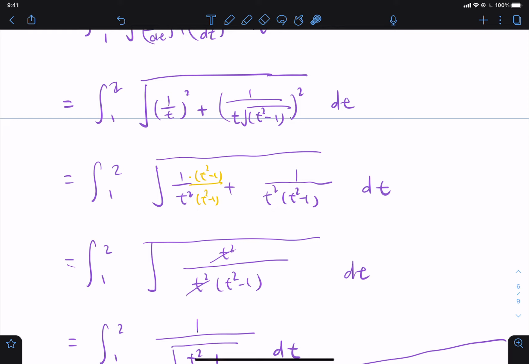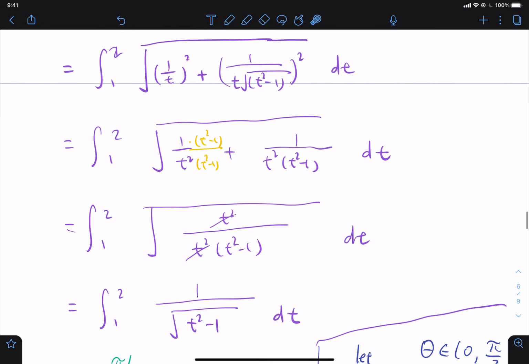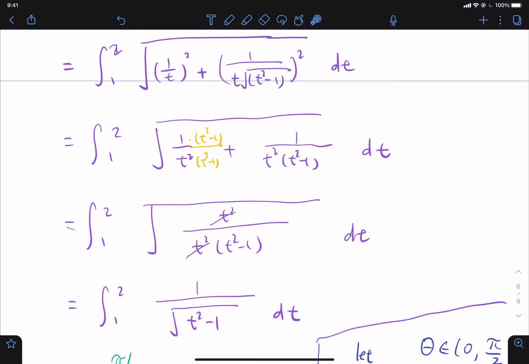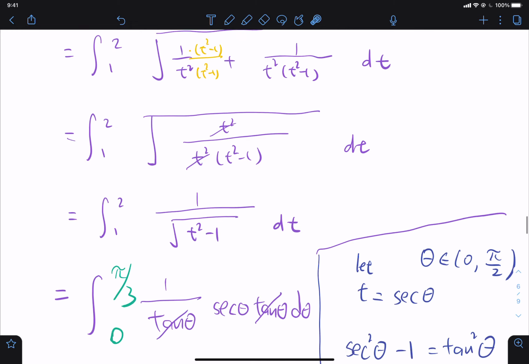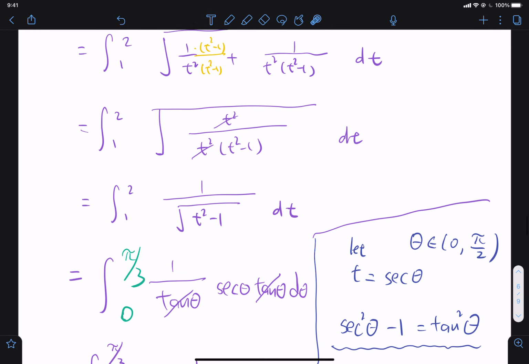And now we can combine the top. See that the top here is t squared minus 1, and this is 1. So this negative 1 cancels with this positive 1, so on the top we are left with t squared. And this t squared is going to cancel with the t squared in the denominator. Okay, so finally we're going to have 1 over square root of t squared minus 1.